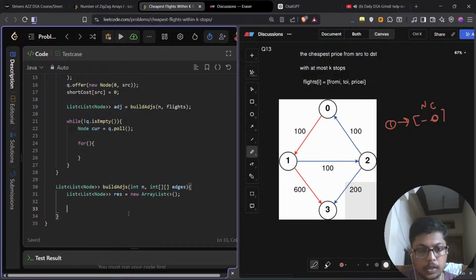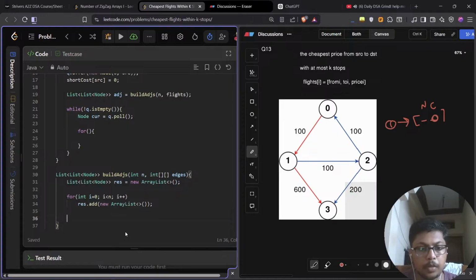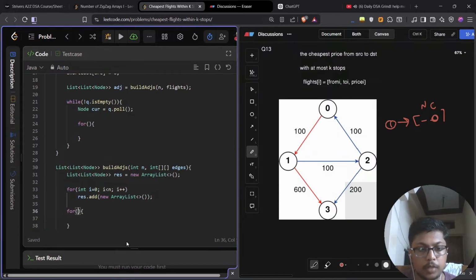Let's initialize each list inside the list. For that, what I will do is run from i equals 0 to i less than n, and since we do have at least an empty list, right? Now, once this is completed, I need to build that thing. Building those edges, right?